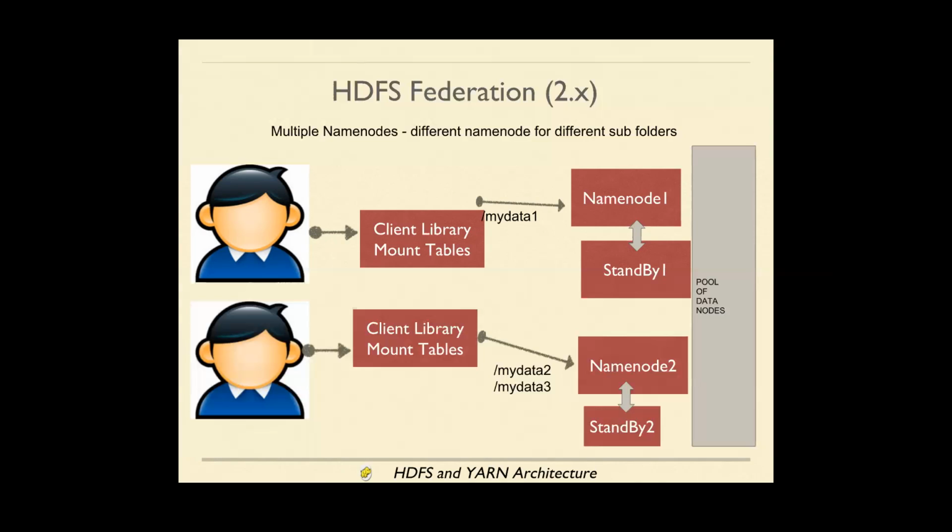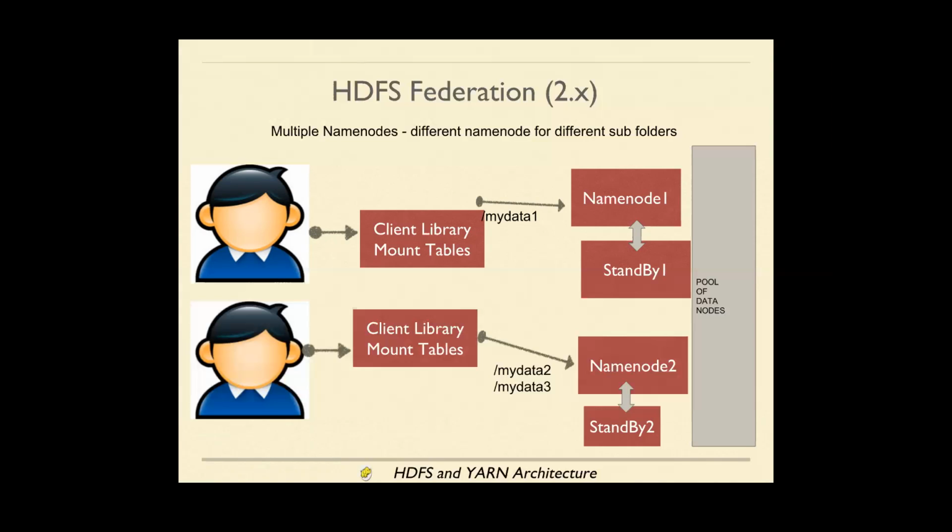Both will identify their blocks clearly by prefixing their IDs. Because of the unique block IDs, they'll be able to maintain the mapping. So the pool of data nodes is a shared resource between the two name nodes.